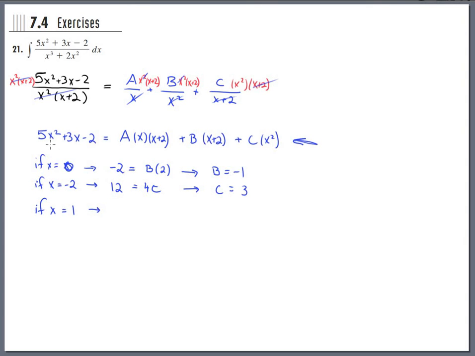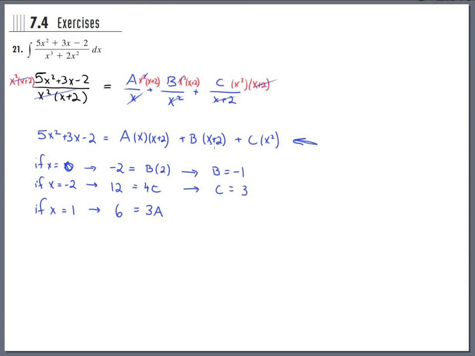So if x equals 1, let's see, we get 5, 8, 6 equals, and I'm going to make use of the B and the C that I already know. So when I plug in x equals 1, I don't know A, so this becomes 1 times 3, so I'll get 3A. I do know, though, that B is negative 1, and I'm plugging in 1 for x.